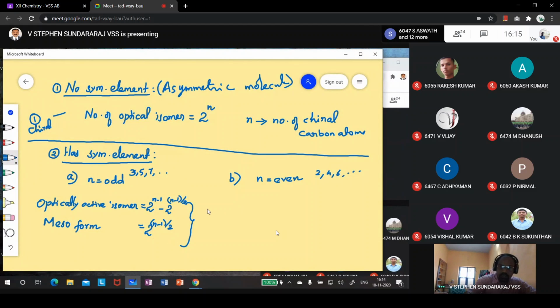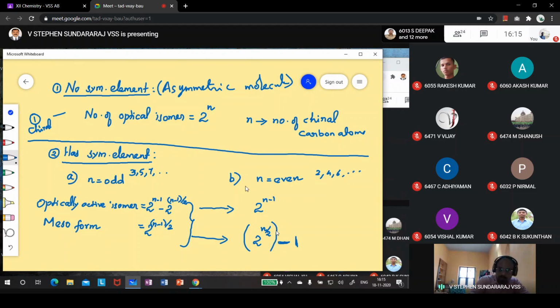Then for even number, write down the mesoform: here it is 2 to the power n by 2 minus 1.